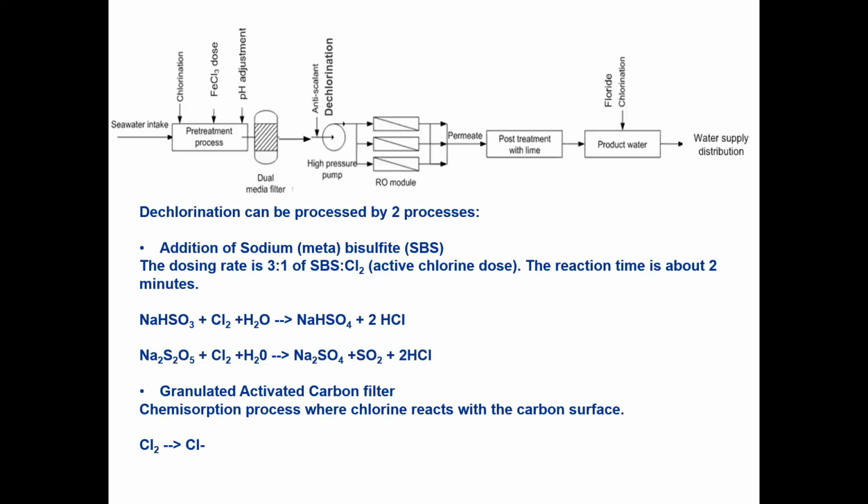So there's no more oxidation potential, and it's relatively safe rather than oxidizing the polymer membrane, right? You can also use SBS or granular activated carbon, so chlorine becomes chloride ion. So you can remove your chlorine from your pretreatment process.